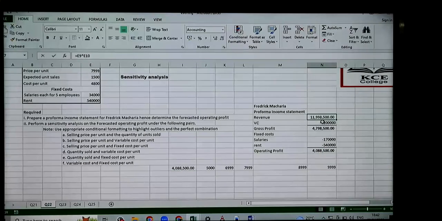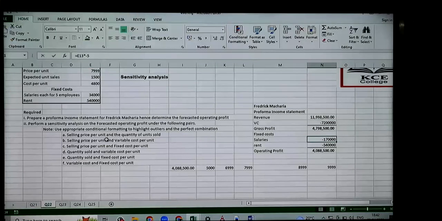So the multiplications here must not be hard typed in. You link the cell. Even if you check the variable cost, I've just linked the cell. Maybe only for the salaries, the 5, but you can see I've linked the cell because the 5 was here, but the cells must be linked.